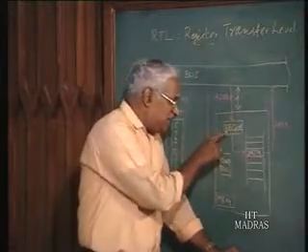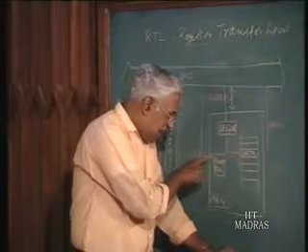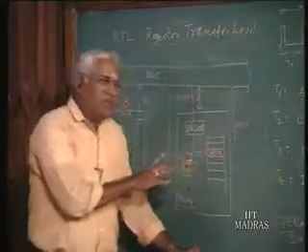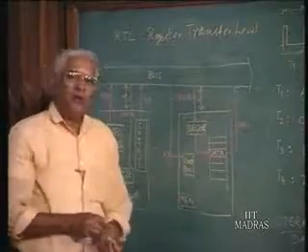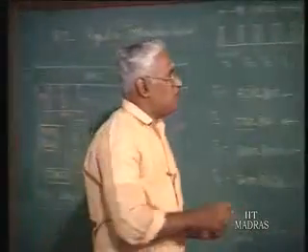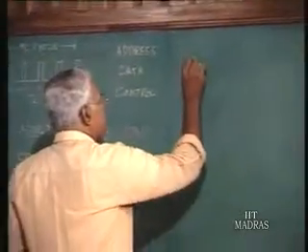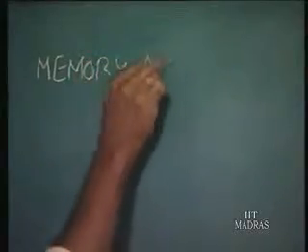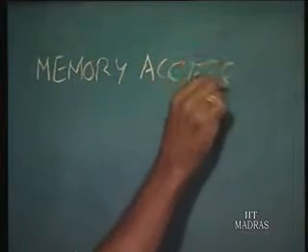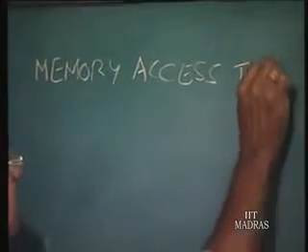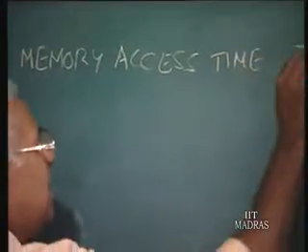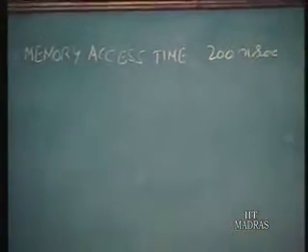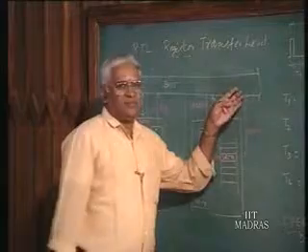Suppose from the time it gets the address and the control signal, in this case the read signal, the memory takes 200 nanoseconds. That particular thing is called the memory access time. What is this memory access time? The time taken by memory to access the data and put it on the bus.